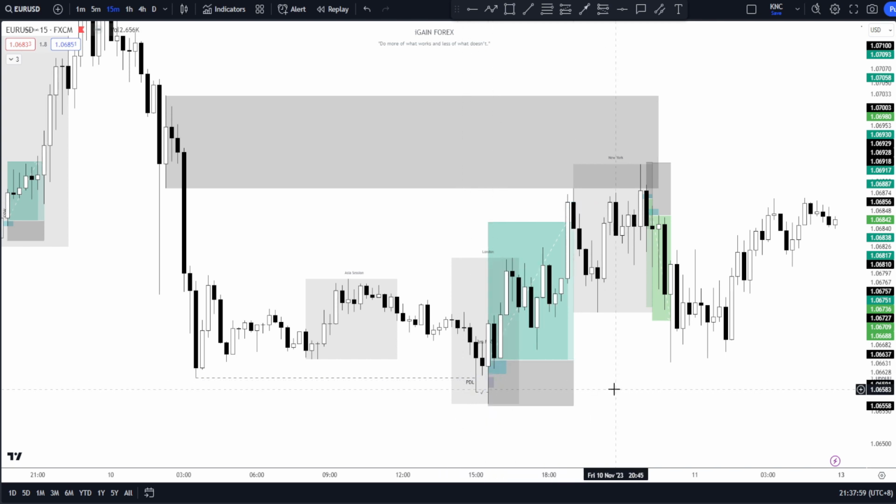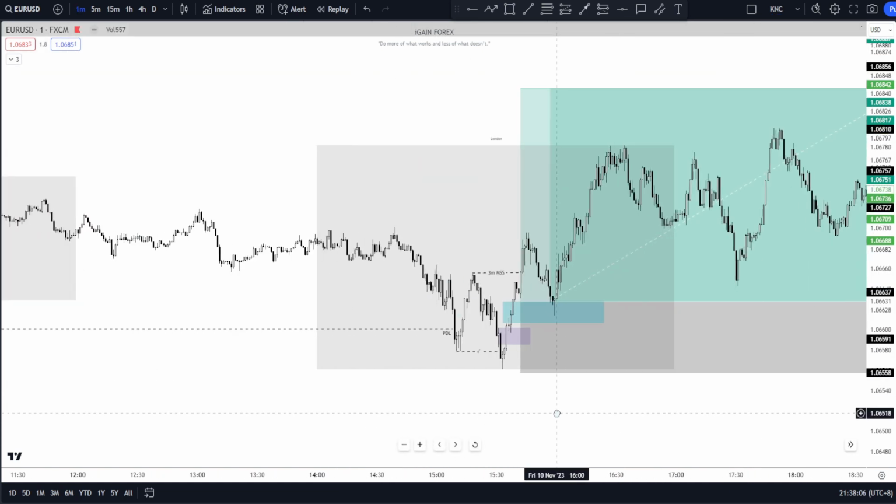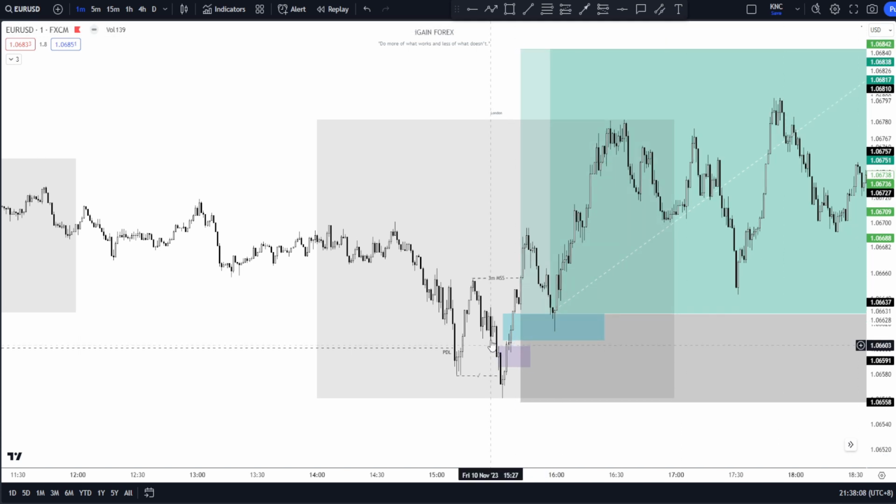Then let's go down to the 1 minute time frame for our entry. As you can see, this was the 1 minute time frame, but we don't have any clear entry, since we have a breaker block, a lot of FVGs, and this FVG was too far from a market structure shift.